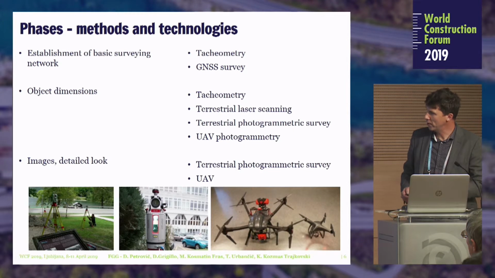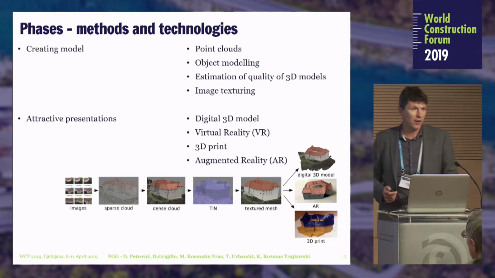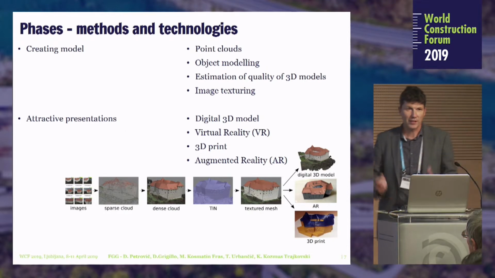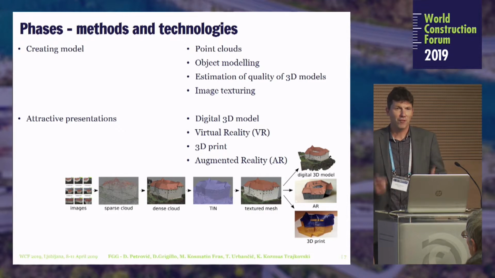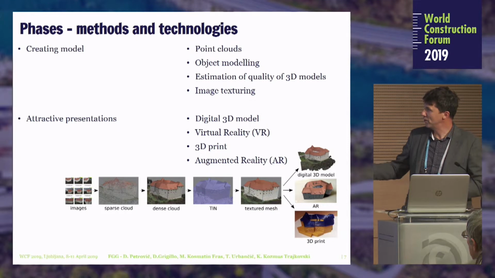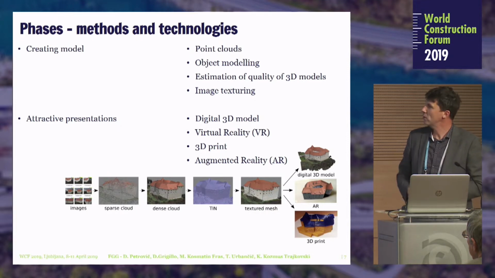Following the capturing, we then have the procedures of creating the model. The raw data is usually the point cloud, but the point cloud is only the raw data. It needs a lot of further work to get the 3D models, which have to be evaluated in terms of quality, not only positional, also semantic quality and so on.